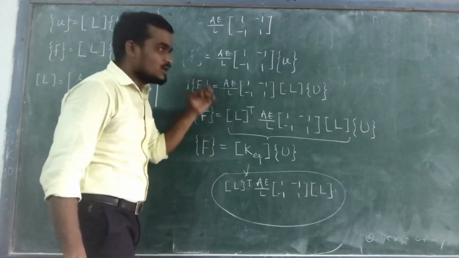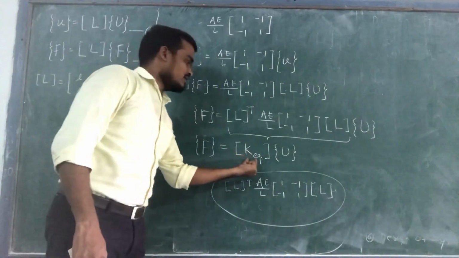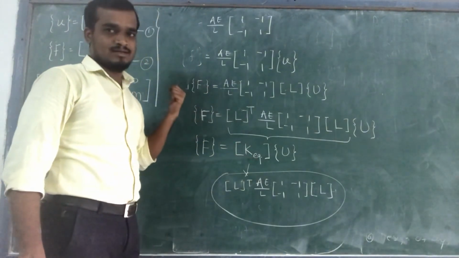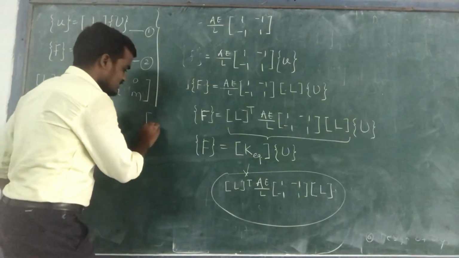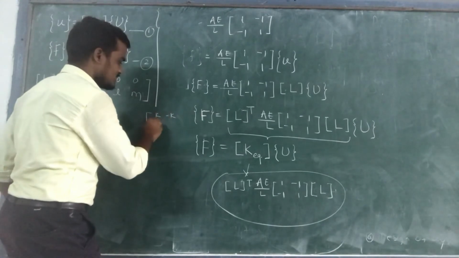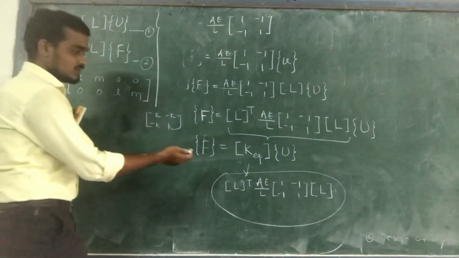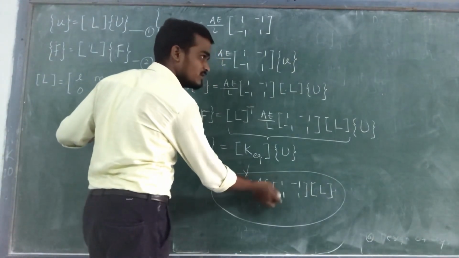So similar to the spring element and the bar element, here we will also get one global stiffness matrix for the truss element. For the spring element our stiffness matrix was [K -K; -K K].